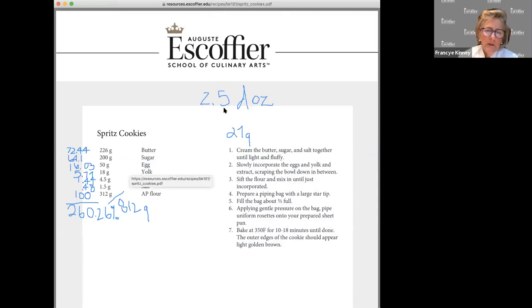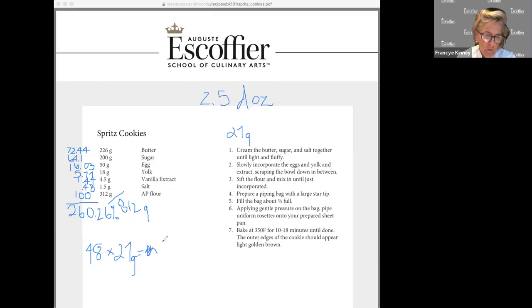Our desired yield, if we want 48 cookies, so 48 times 27 grams, if that's about right, gives us a desired yield of 1,200.